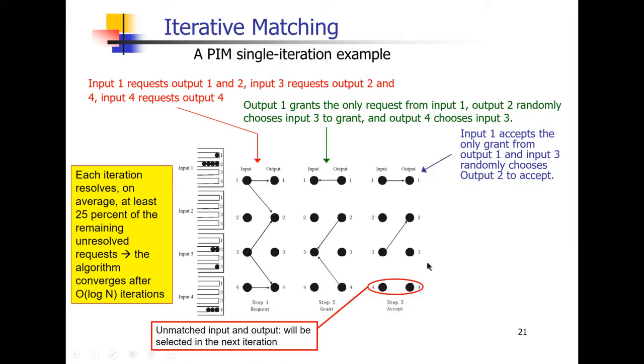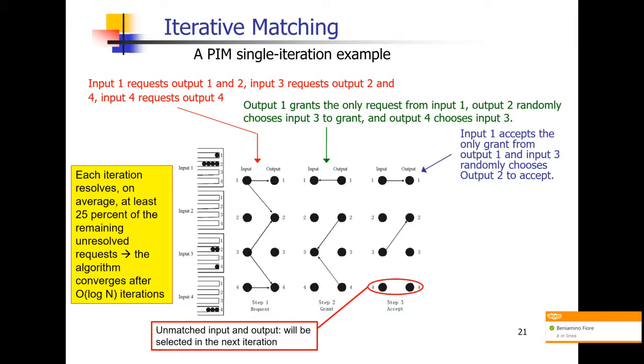Here I don't show the other iteration, but it's quite obvious that this request will also be accepted because we will have a single request and a single grant and accept. And so finally the three selected cells are these three that we have seen here.